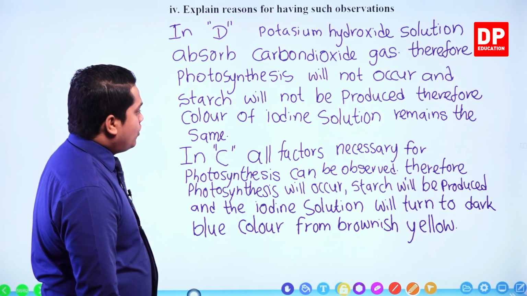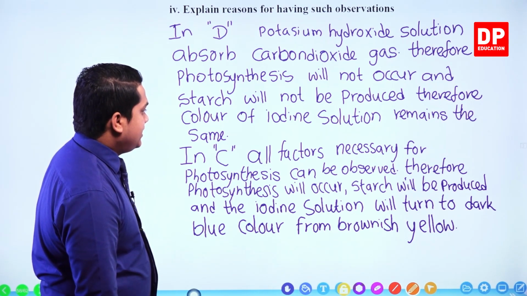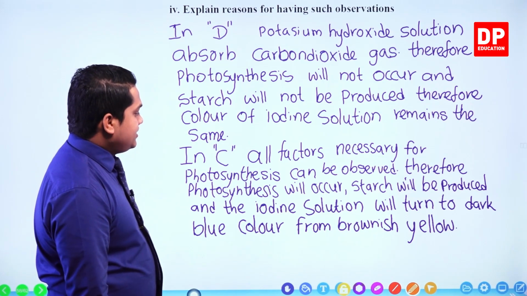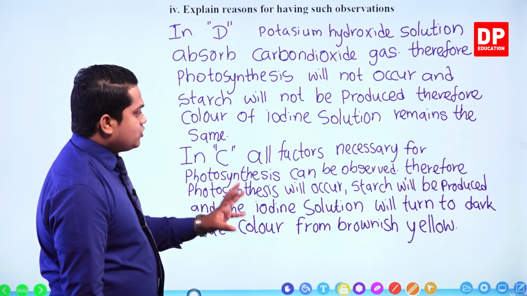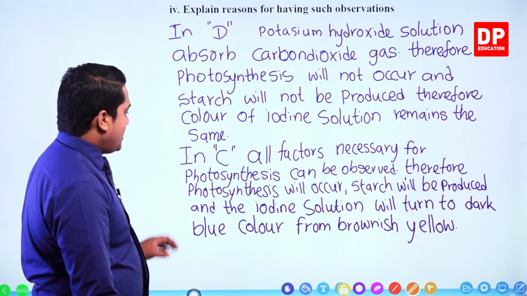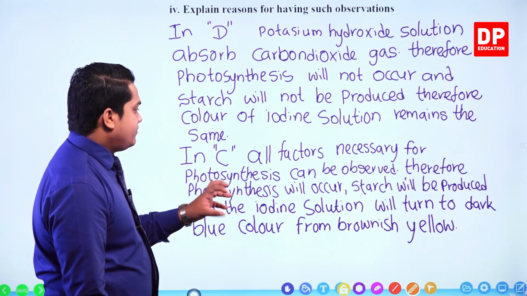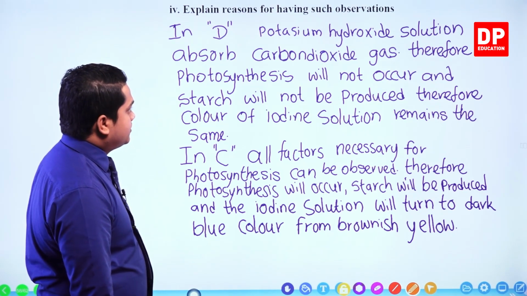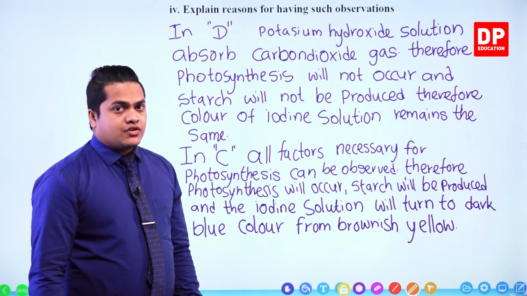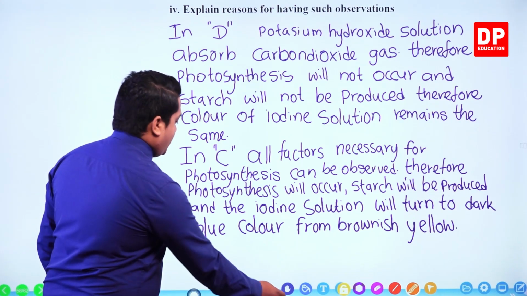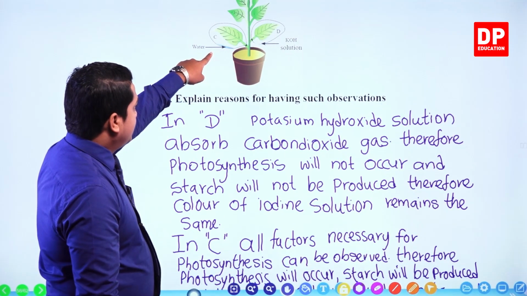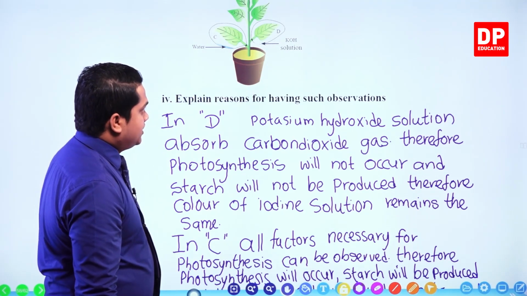In C, all factors necessary for photosynthesis can be observed. Therefore, photosynthesis will occur. Starch will be produced. And the iodine solution will turn to dark blue color from brownish yellow. So this is our explanation for the observations. So here once again, this is the C and this is the D.